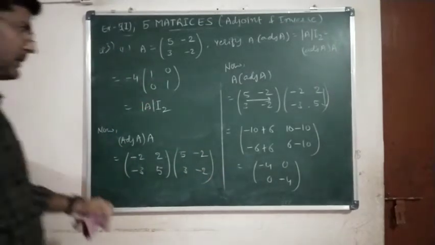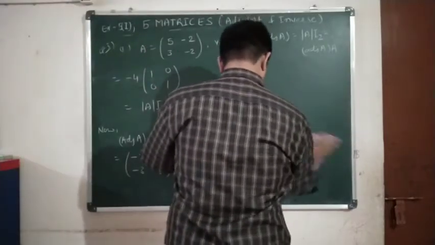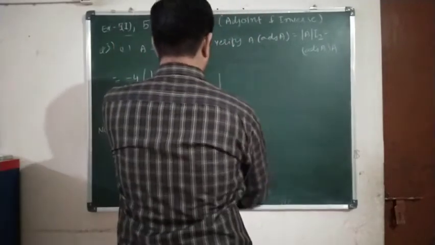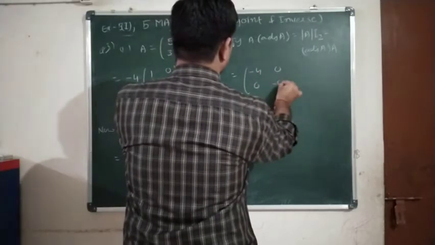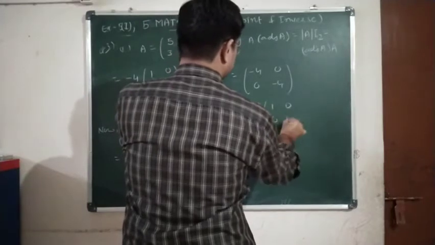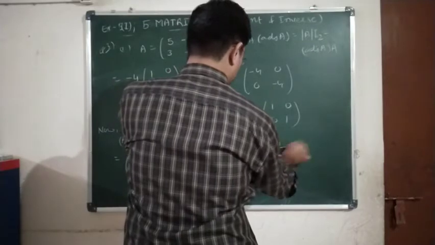Obviously this is the property and we know that we will get the same product. So we will directly write down that the answer will be minus 4 0 0 minus 4, taking minus 4 common. Minus 4 is determinant of A into I2.